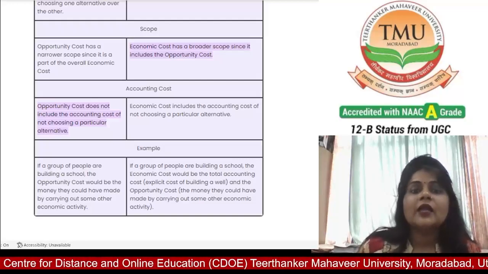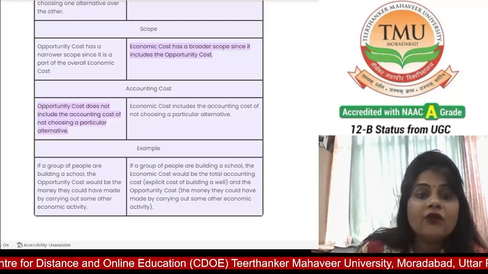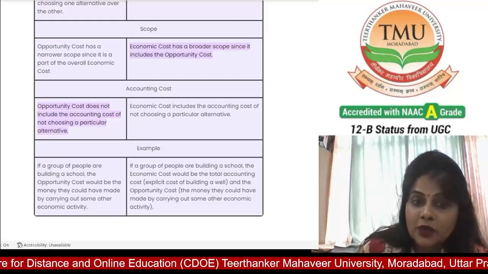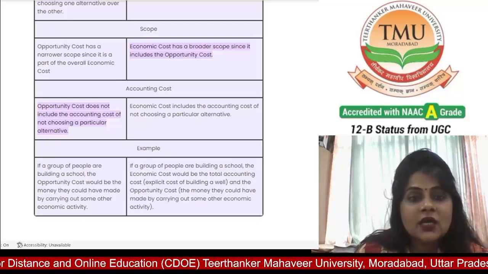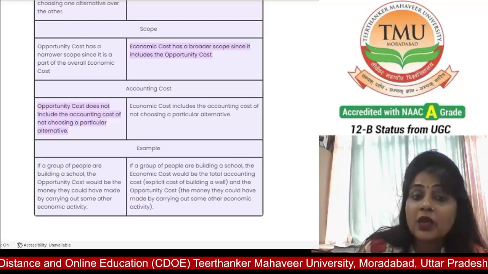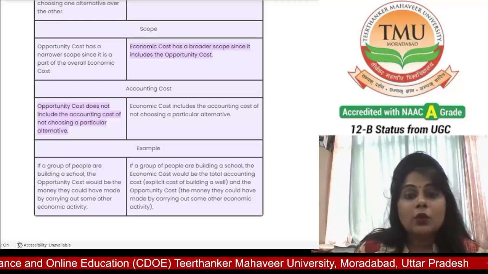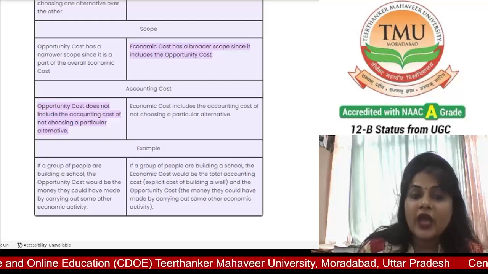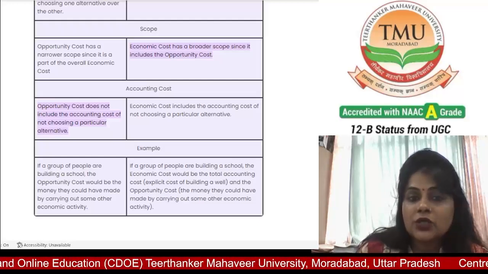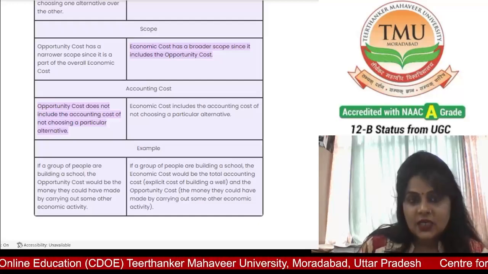So we can say an economic cost is the cost that varies with the level of output, while an opportunity cost is the money spent implementing a decision. And an economic cost is the cost of what you give up when you commit to the course of action you choose, while an opportunity cost is the money spent implementing a decision.